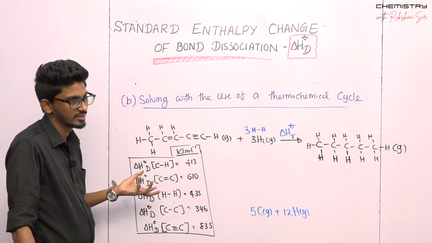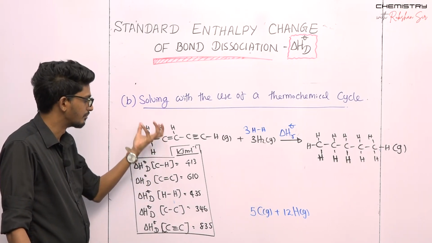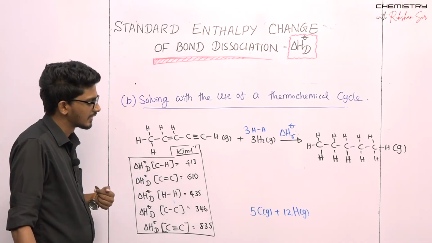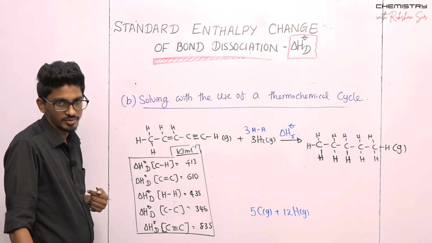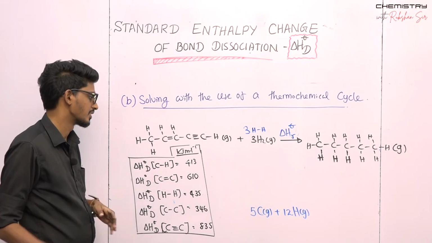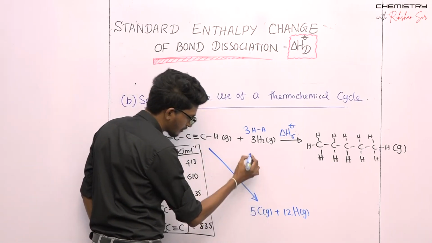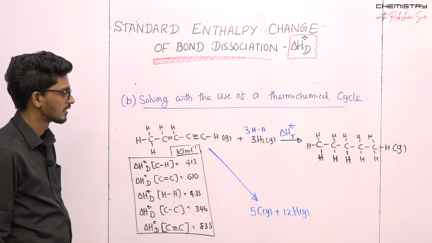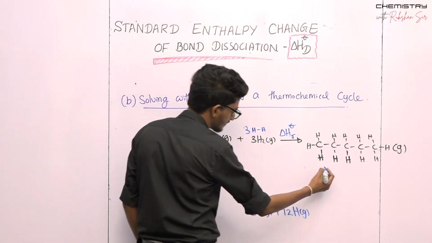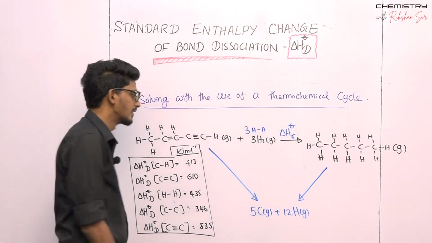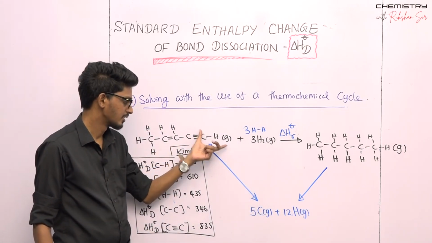In bond dissociations, we break the bonds of the gaseous compounds to come up with gaseous monoatomic forms. So the reaction arrows are directed towards the monoatomic gaseous forms. This case as well. Let's try to connect this state to here.